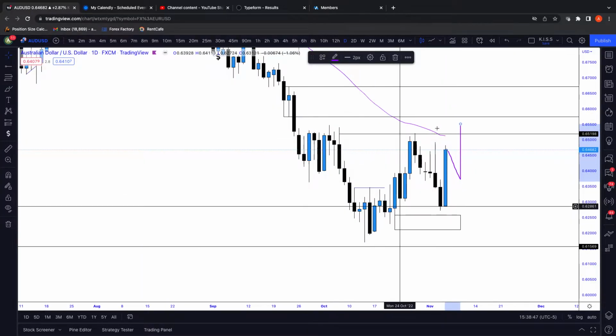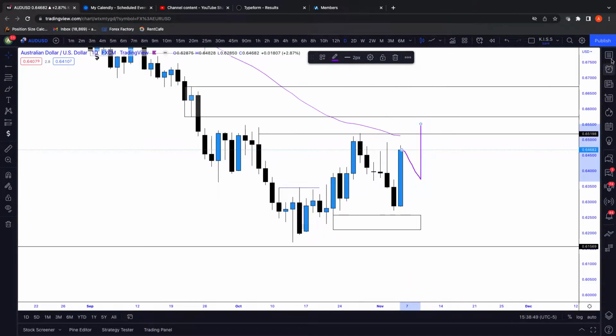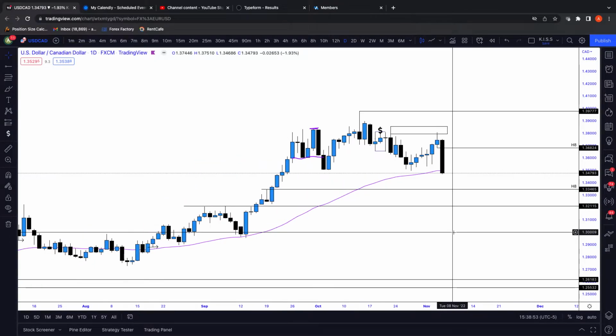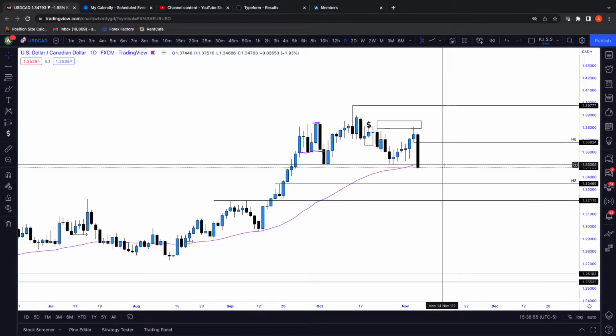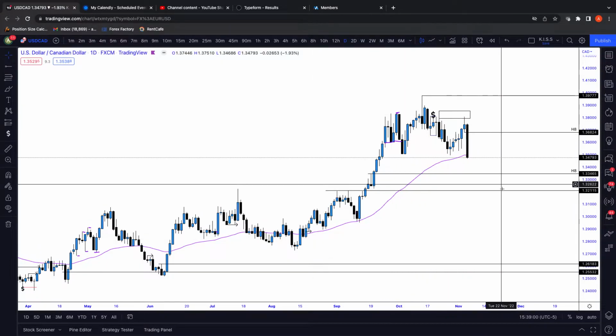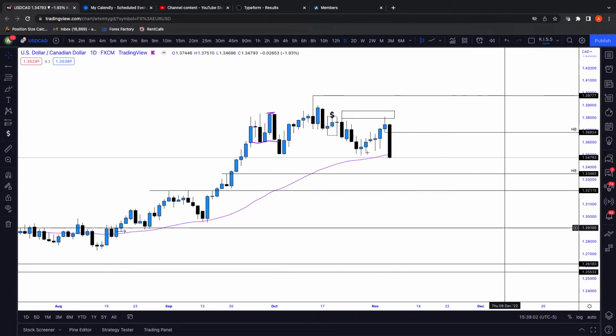All right, so we are maintaining this lower time frame structure here across the board on these majors. All right, USD CAD, very similar. Massive expansion to the upside. We've just been chopping around, distributing some orders.